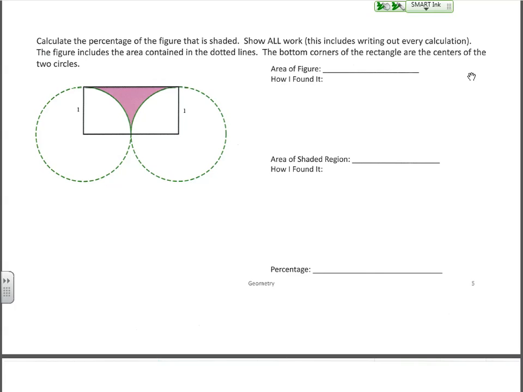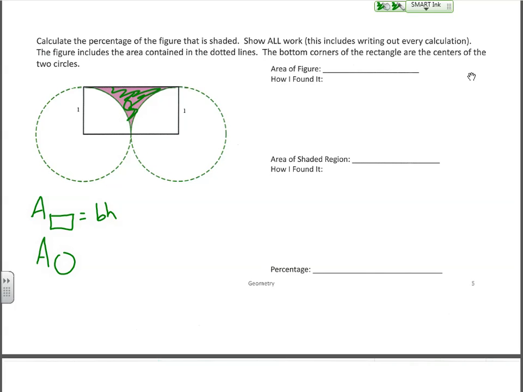Okay, so essentially, like we've seen before, if you can find the area of both circles and subtract that from the area of the whole figure, then you're going to be left with this shaded section here. So you need the area of a rectangle, which is base times height.